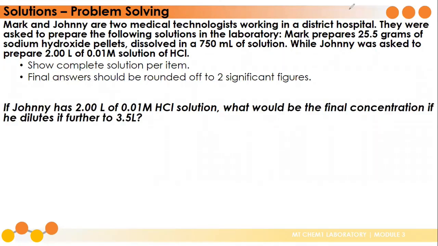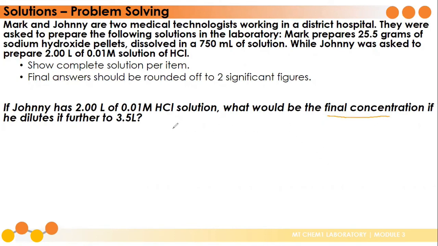For our last problem, we have here: if Johnny has 2 liters of 0.01 molarity of hydrochloric solution, what would be the final concentration if he dilutes it further to 3.5 liters? So in this one, we're talking about dilution and we're looking for our final concentration.